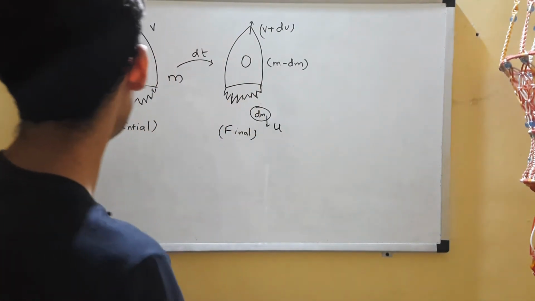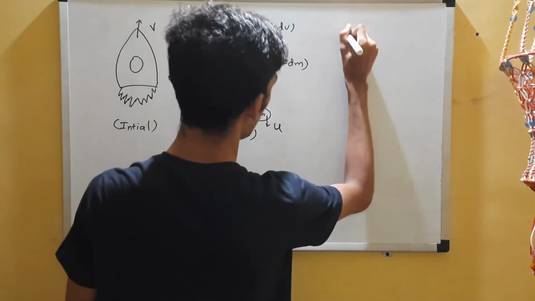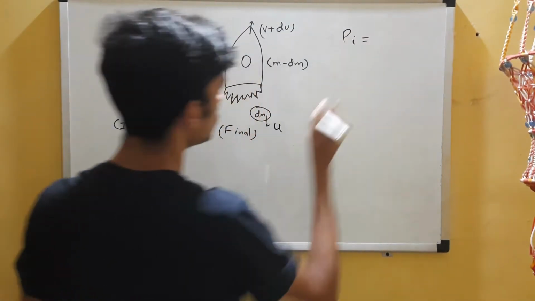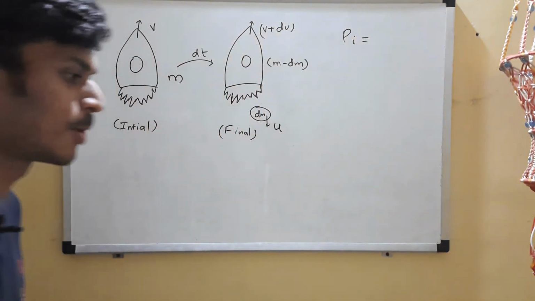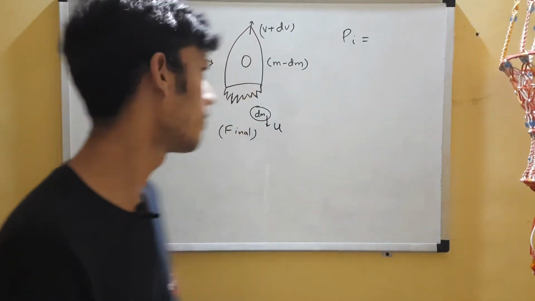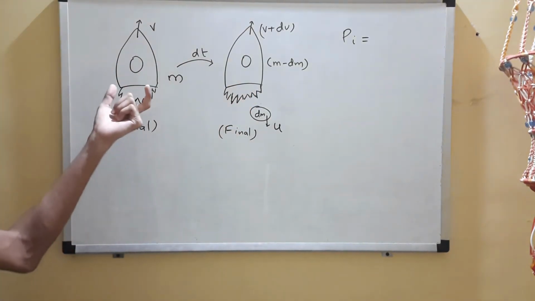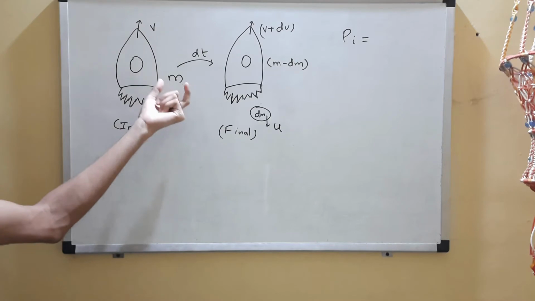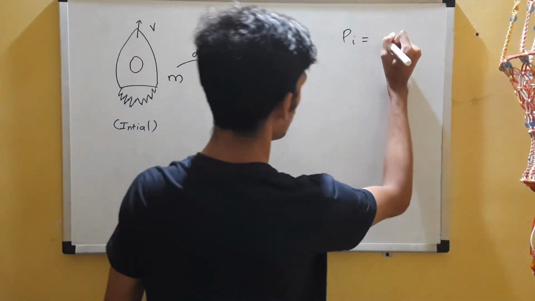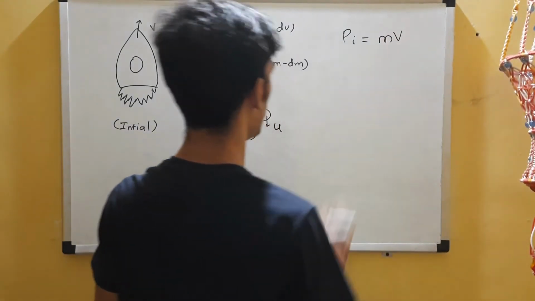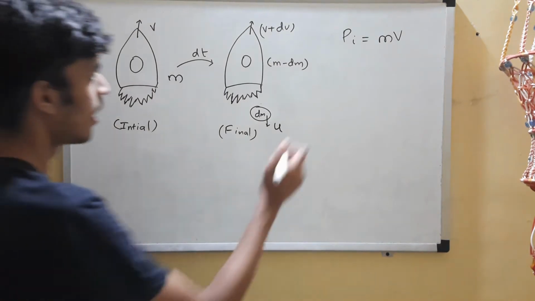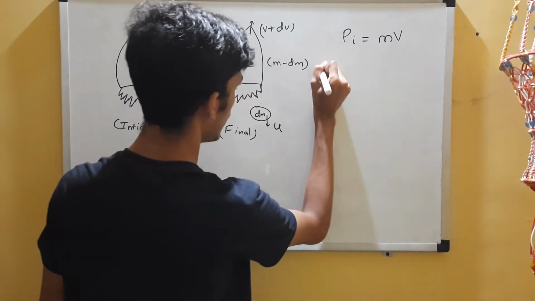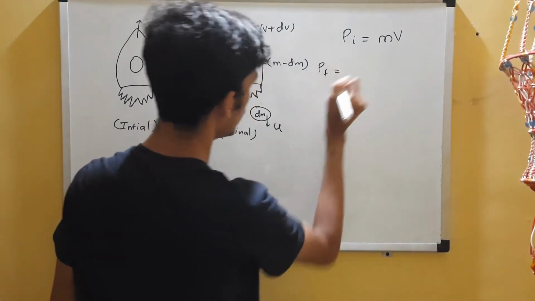So let's see the initial momentum. You know that momentum is defined as the product of mass into velocity, and initially you can see that it's basically m into v, the mass of the body into its velocity. So initial momentum is m into v. Let's come to our final scenario and look out for final momentum.